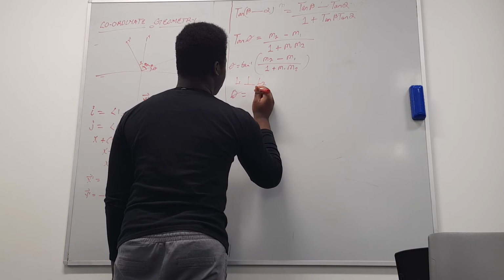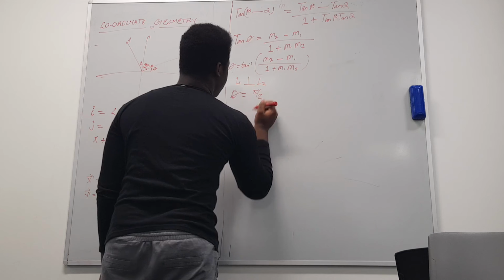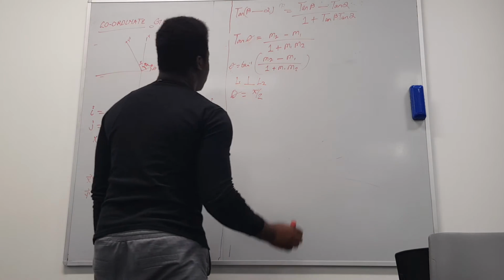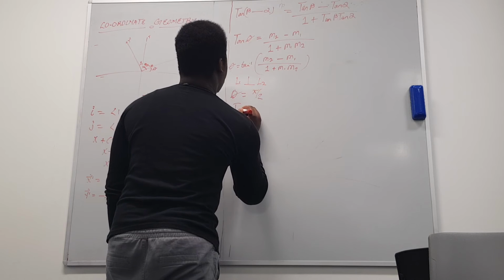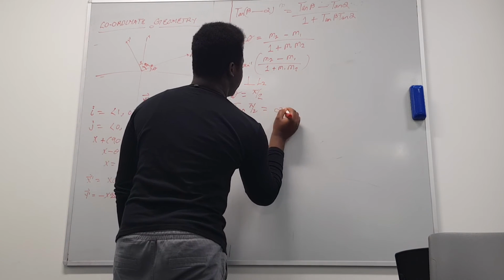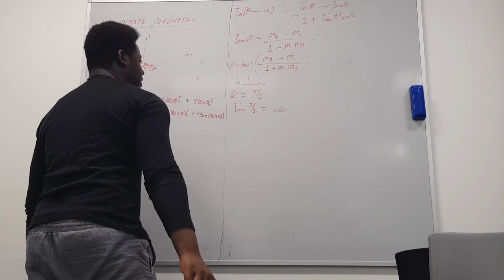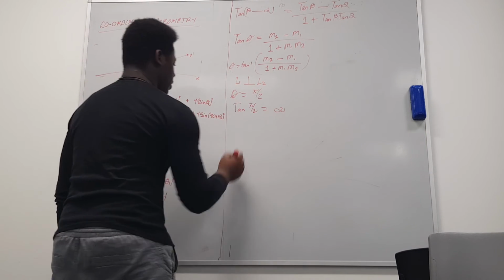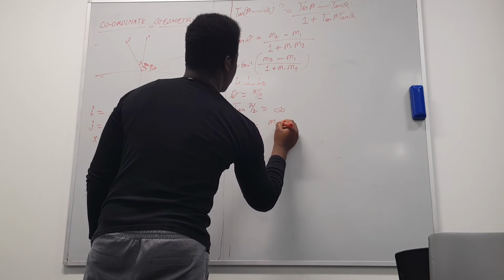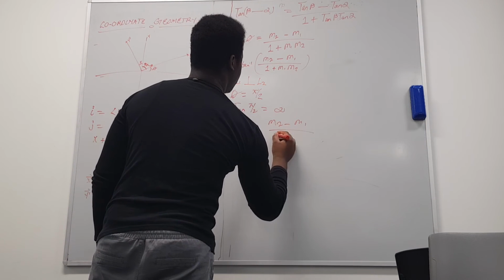No, pi over 2. Get used to the fact that you use pi. So pi over 2, tan of pi over 2 is equal to infinity. And I already defined infinity to be 1 divided by 0. So I have 1 divided by 0 equal to M2 minus M1 over 1 plus M1 M2.